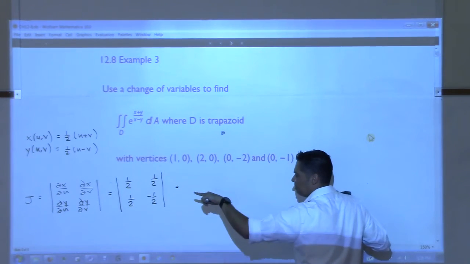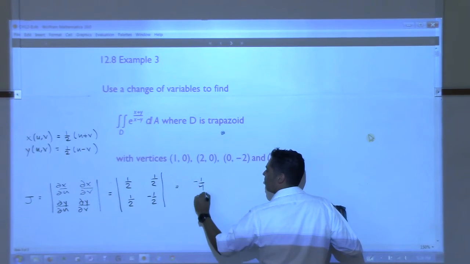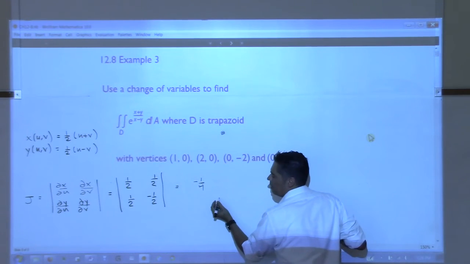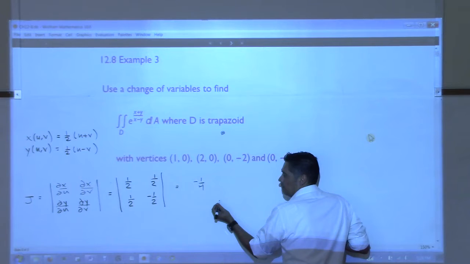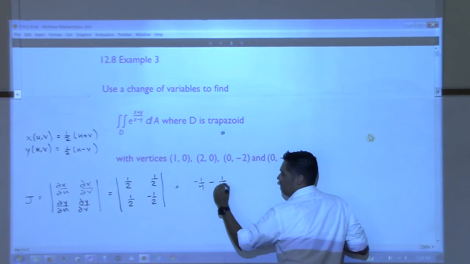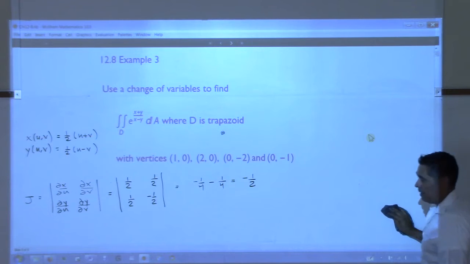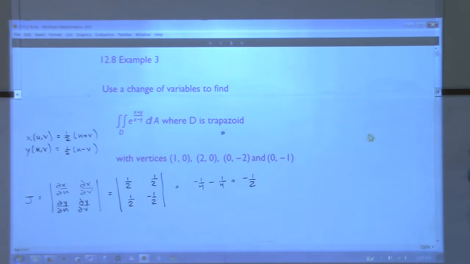Now we do our thing. So negative 1/4, and then we're subtracting 1/4 again. So this is minus 1/2. Now we're supposed to put the absolute value of the Jacobian in the integral. So we're going to throw 1/2 in, aren't we?